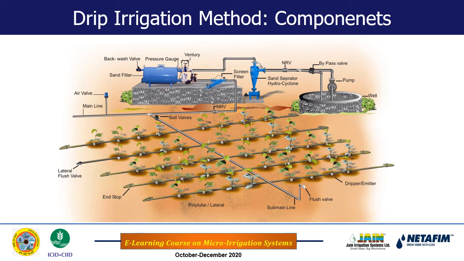Okay, so in this way, we have seen the important components of the system: drippers or emitters, then pipe networks in the form of laterals, submain and main, then the control unit that consists of the filter units, either hydrocyclone filter, sand filter, and primary filter in the form of screen or disc filter.